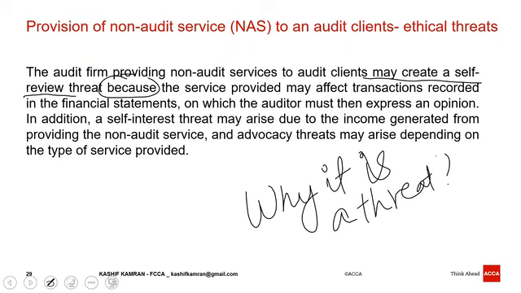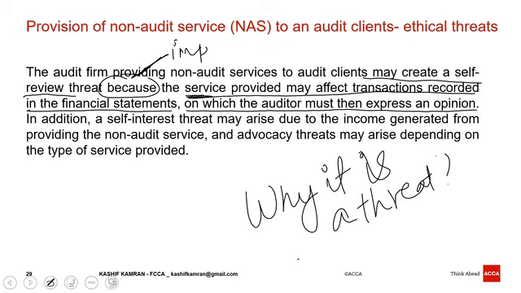You cannot just score marks in P7 just by telling the examiner, this is a threat. You need to tell examiner what is the threat and why it is a threat. So it will give rise to a self-review threat because, take it as very important, this is the article of the examiner, because the service provided may affect the transaction recorded in the financial statement on which the auditor must then express an opinion.